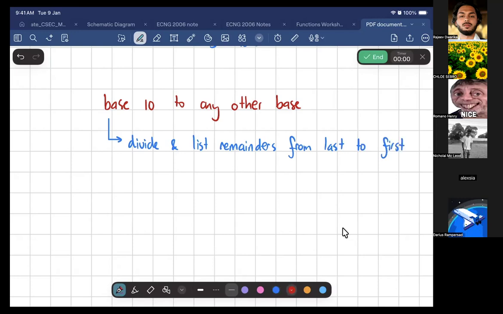And Romano, if I want to go from base n to base 10, how am I doing that? Any base to base 10, how am I doing that? Yeah, multiplying by the place value.